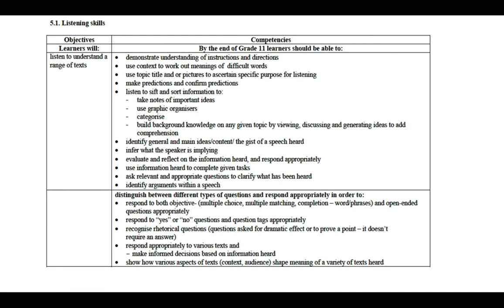When you look at these competencies, these are what we call skills and strategies. It just depends on how the learners use them, how they are able to perform them. Do they use them automatically, or do they need to plan and think about them?